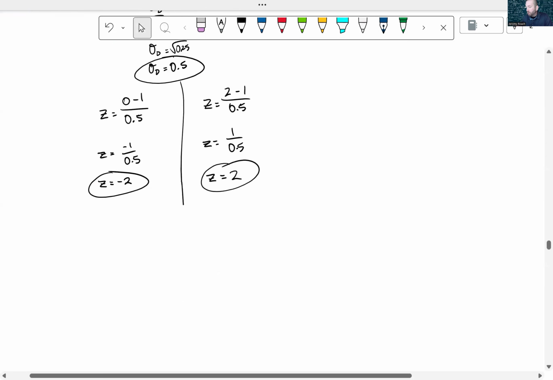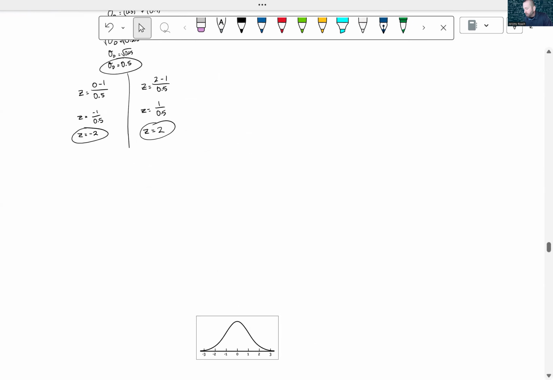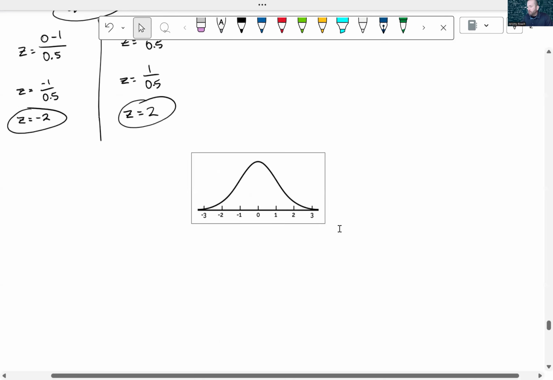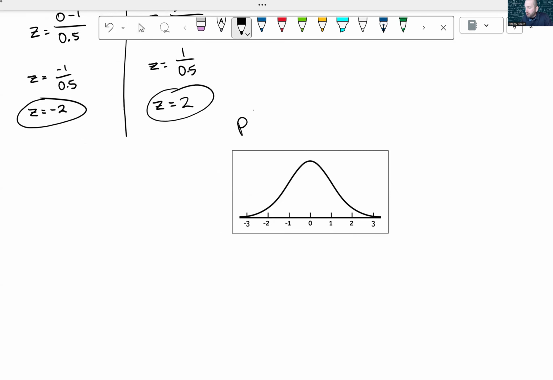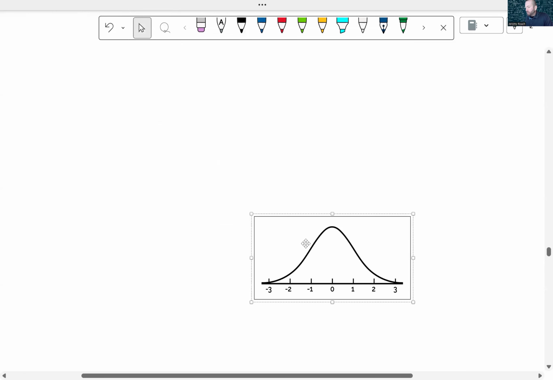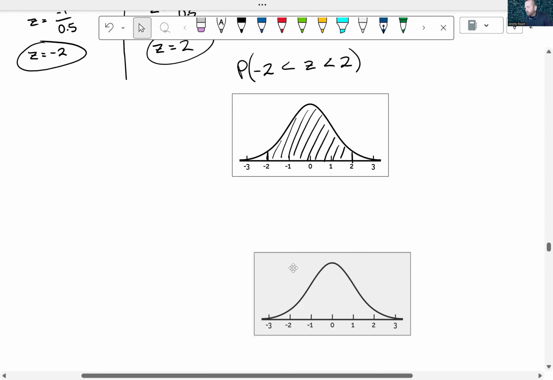So now let me just bring this up here so we can get a good visual again of what we're finding on our normal distribution. We want to find the probability that z is between negative 2 and 2. So we want to find the area under the curve here. In order to do that, let me get one more of these normal distributions up here so we can get another illustration of this.